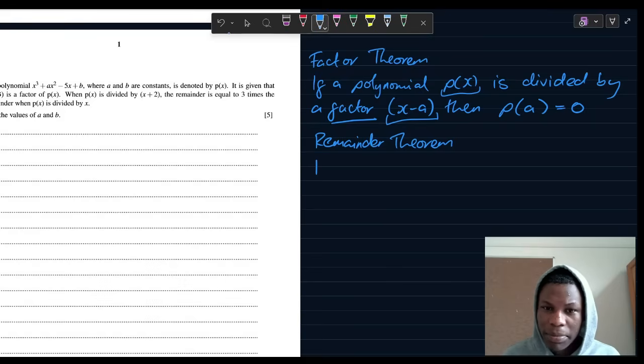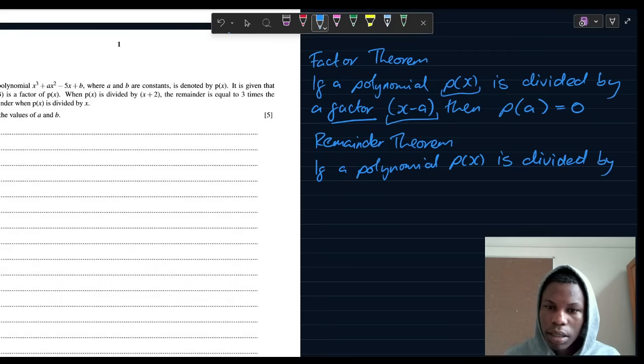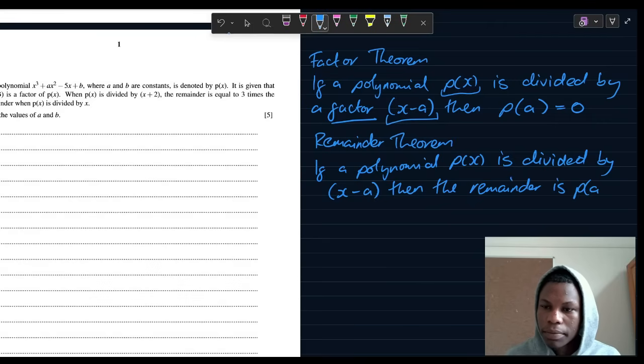The remainder theorem states that if a polynomial p of x is divided by x minus a, then the remainder is equal to p of a.